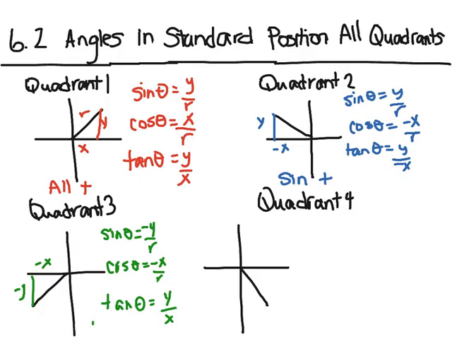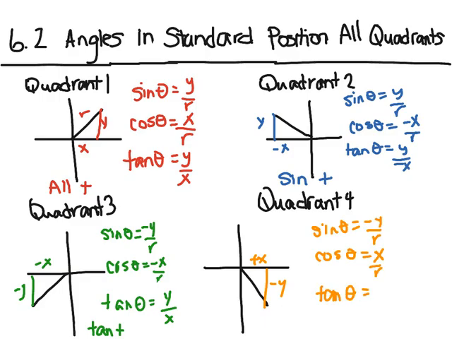For quadrant 4, our x is now positive, and our y is negative. So sine theta equals negative y over r. Cos theta equals x over r. And tan theta equals negative y over x.